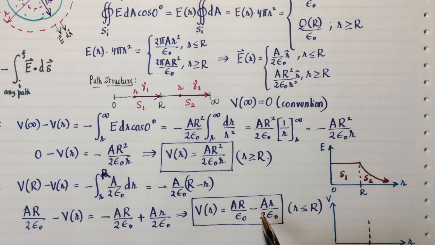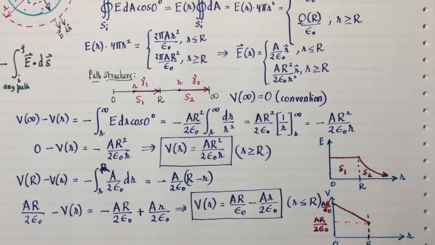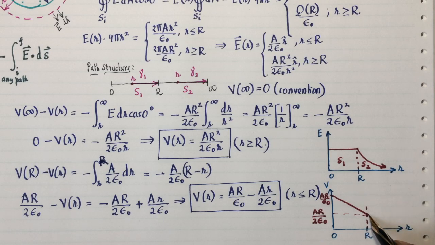Inside, it's got some maximum value at r equal to 0, which is ar over epsilon naught. And it steadily decreases to half that value by a straight line, and subsequently it falls off as 1 over r, as I mentioned.